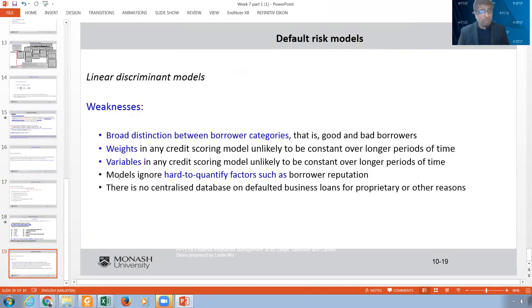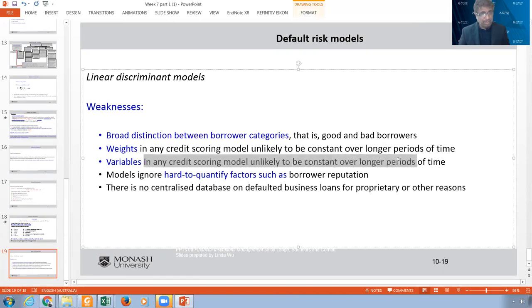The third weakness: we are limited to only 5 variables, and we think this is what makes the customer default. Sometimes there is more than that, and these are not constant over time. In any credit scoring model, it's not likely to be constant over long periods of time. Maybe some other variables come into the formula.